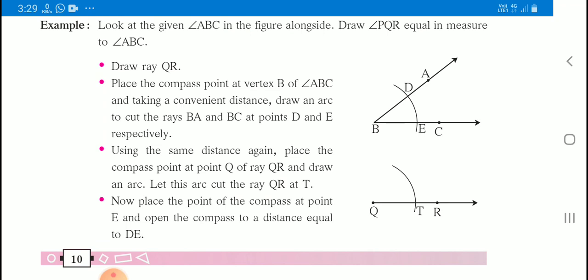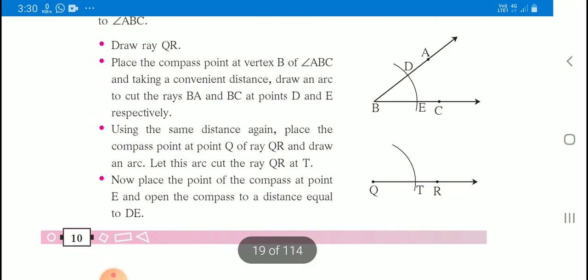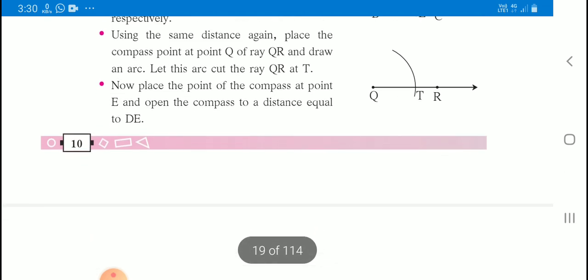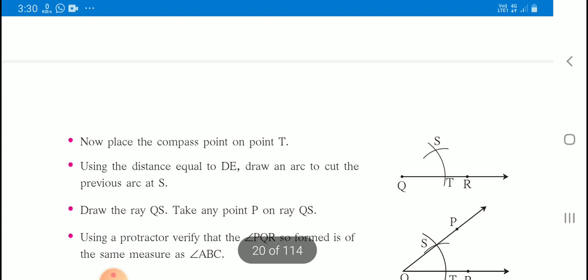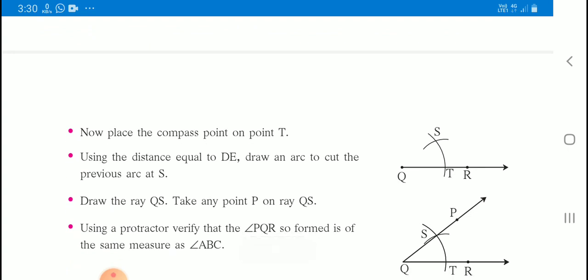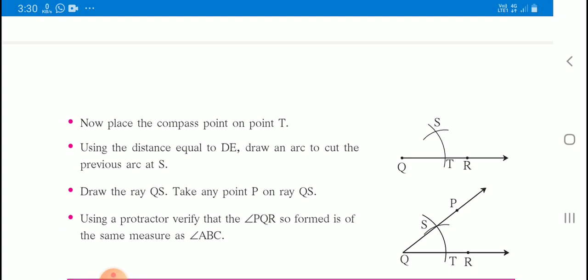Now place the point of the compass at point E and open the compass to a distance equal to D, which means you have to take distance DE in your compass. Then place the tip of the compass on point T and, using the distance equal to DE, draw an arc to cut the previous arc at point S. Draw the ray QS.